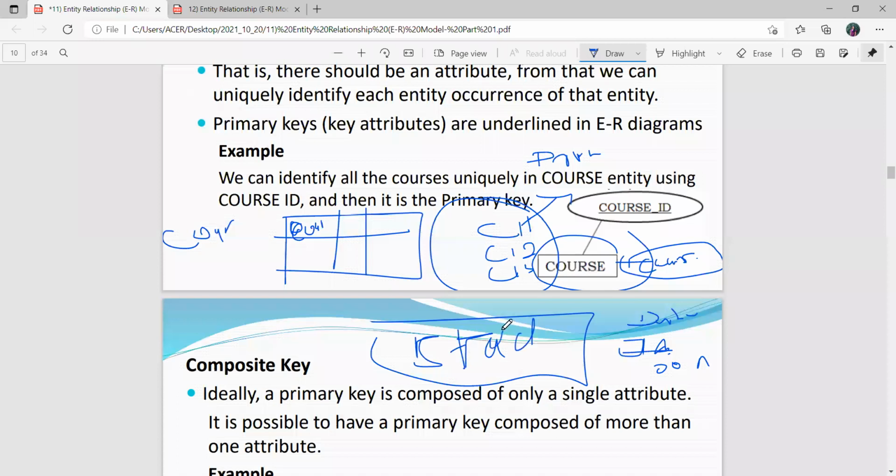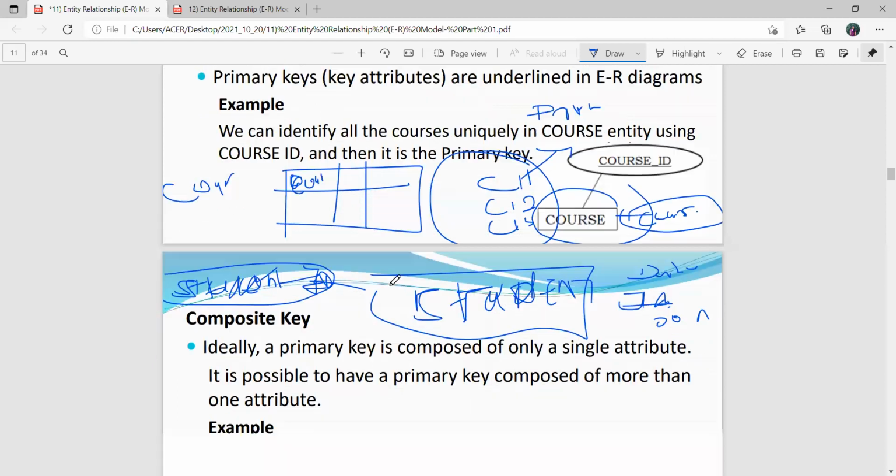You can use capital letters to represent the entity. Then the characteristics of this entity are known as attributes. As an example, student ID is a characteristic of this student entity. You can use an oval shape to denote the attributes. We can represent this attribute like this.